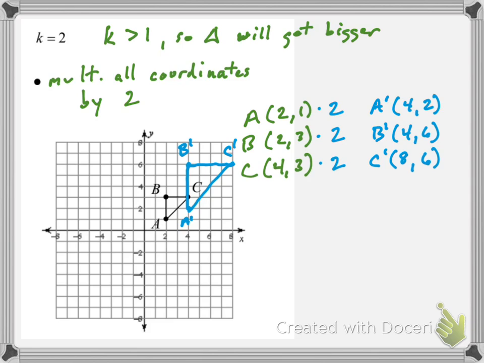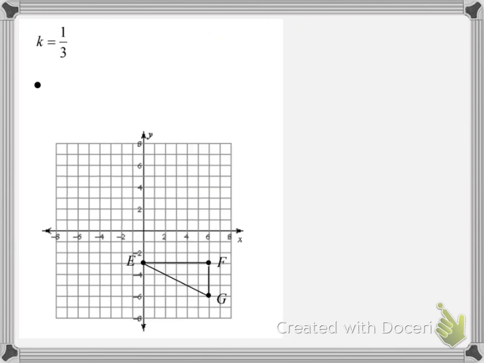Okay? All right? Now this time K is 1/3. So K is between 0 and 1. So the triangle will be smaller.